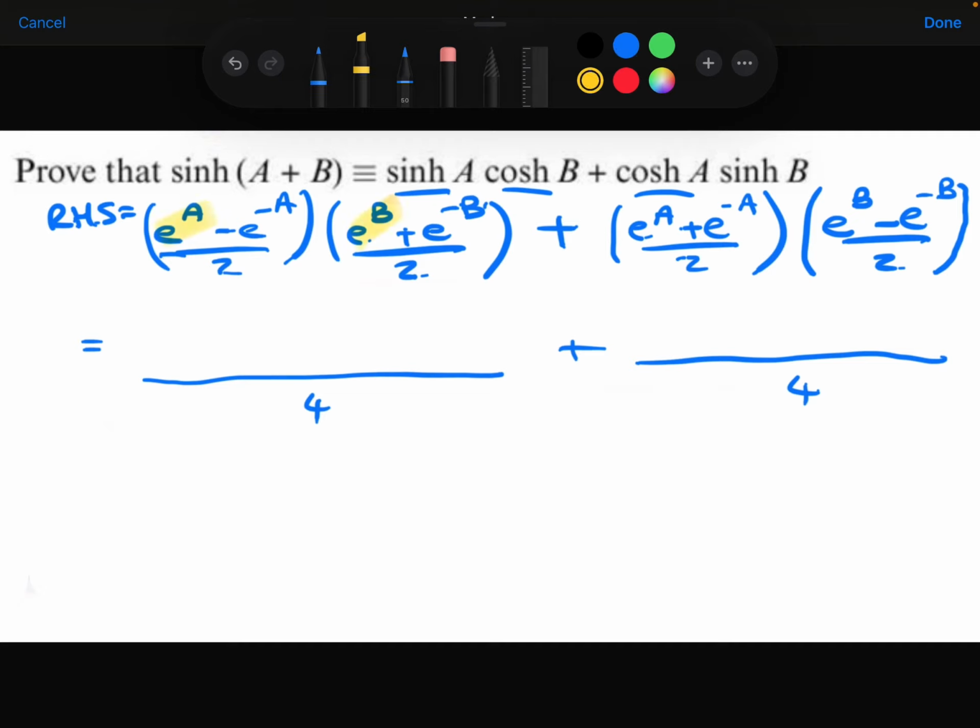Right, e to the A times e to the B is e to the A plus B. E to the A times e to the minus B would be e to the power A minus B. Then we've got minus e to the minus A times e to the B, which is going to be minus e to the minus A plus B. And then finally for the first set of brackets, minus e to the minus A times e to the minus B is going to be minus e to the minus A minus B.